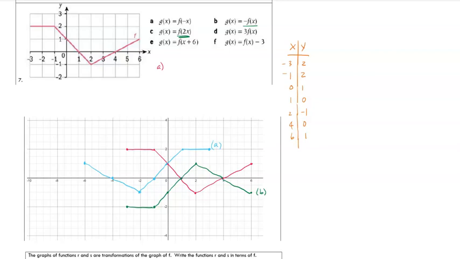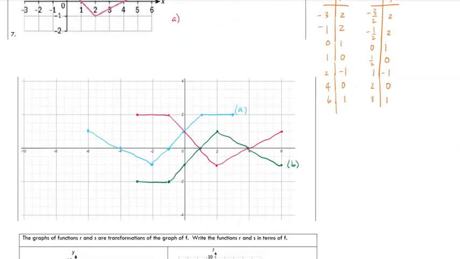Okay, and then I'm going to multiply the x values by 1/2. You have to take the reciprocal. So that is going to be: -3/2, 2; -1/2, 2; 0, 1; 1/2, 0; 1, -1; 2, 0; and 3, 1.